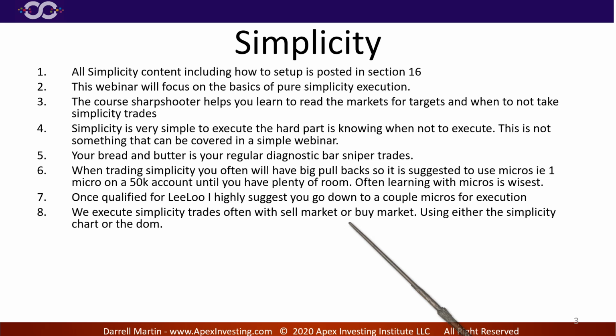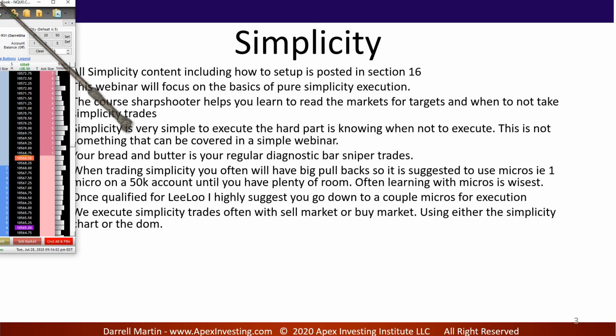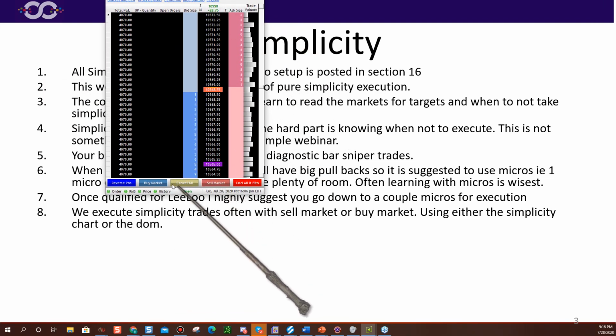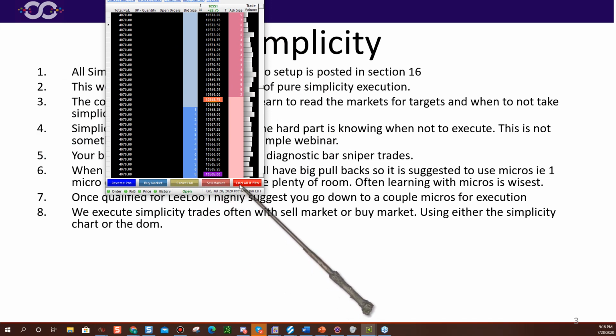So you either use the simplicity chart, or I personally like to use my DOM. I can tell you, I learned how to first trade futures on a DOM itself. And I can go over here and I can hit buy market, sell market, cancel and flatten.